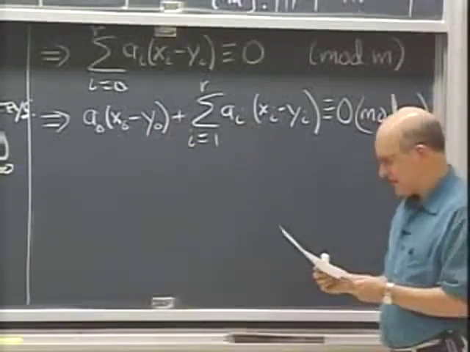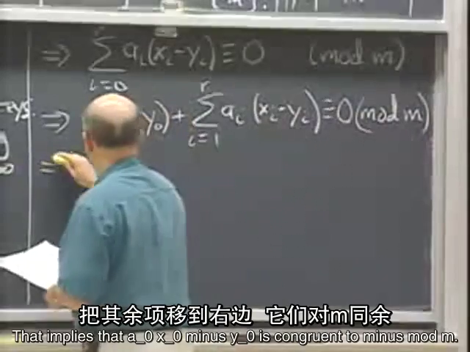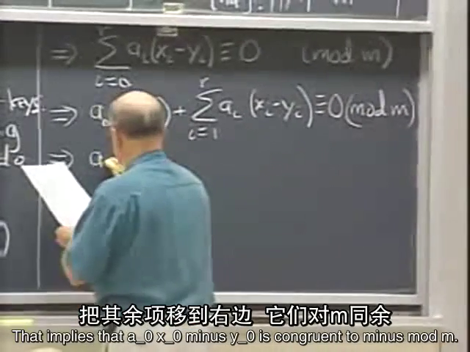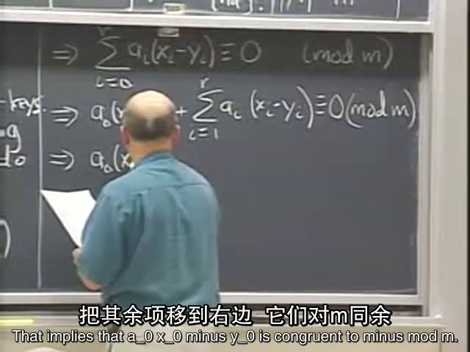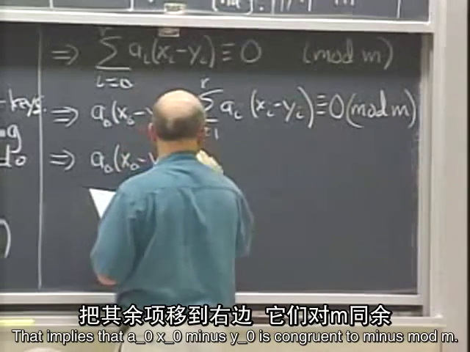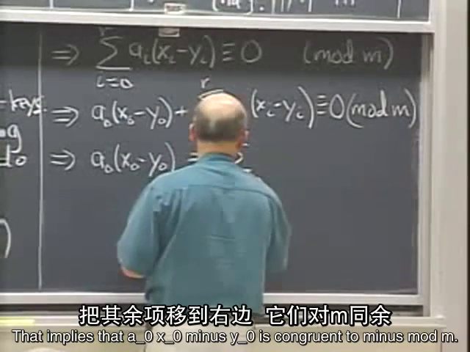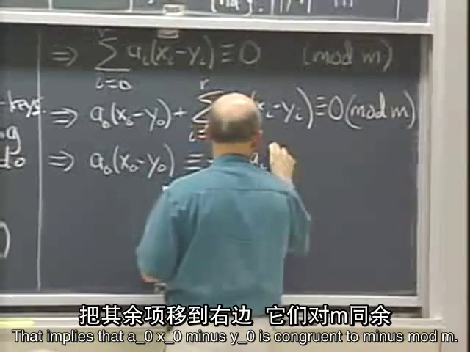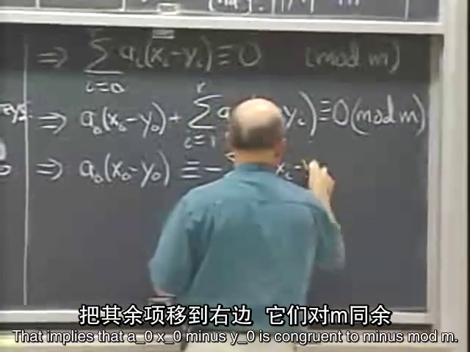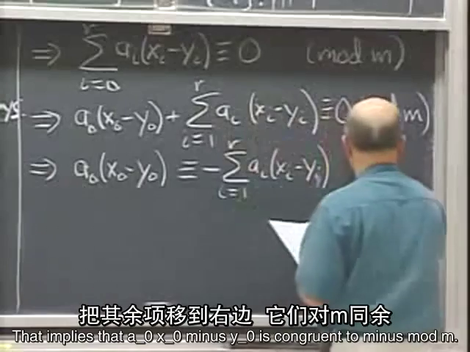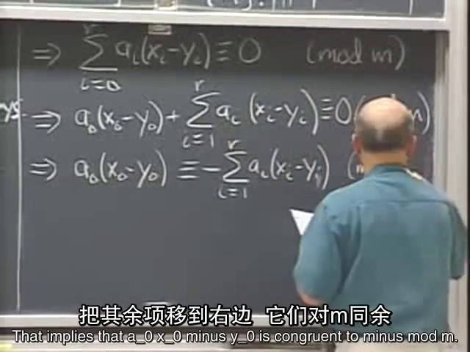Okay. That implies that a0 times x0 minus y0 is congruent to minus the remaining sum, mod m.